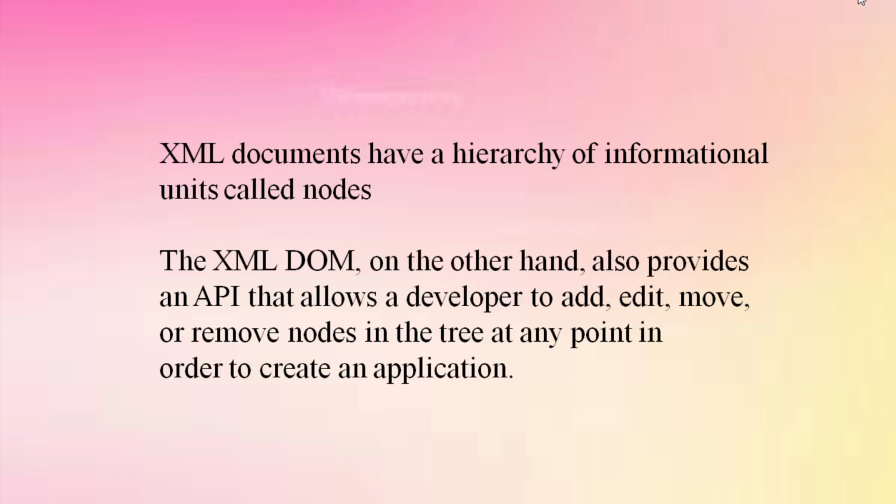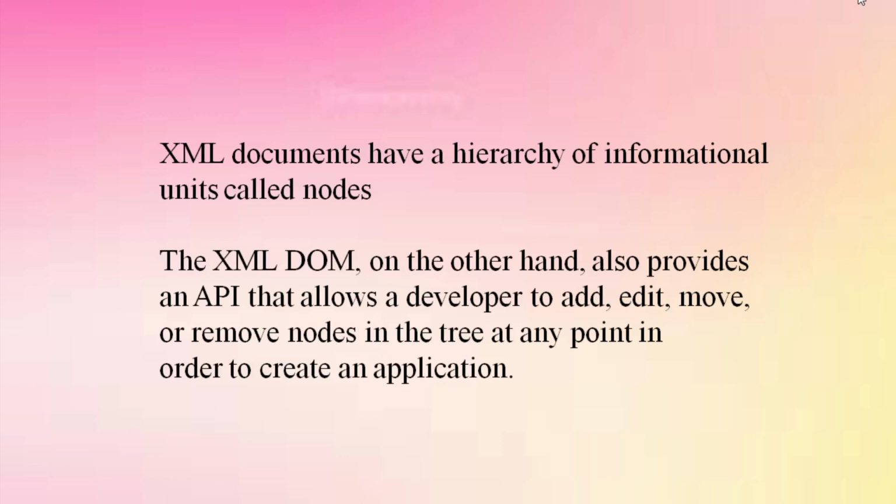XML documents have a hierarchy of informational units called nodes. A DOM document is a collection of nodes or pieces of information organized in a hierarchy. This hierarchy allows a developer to navigate through the tree looking for specific information.